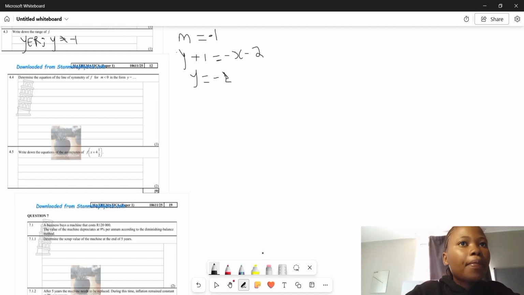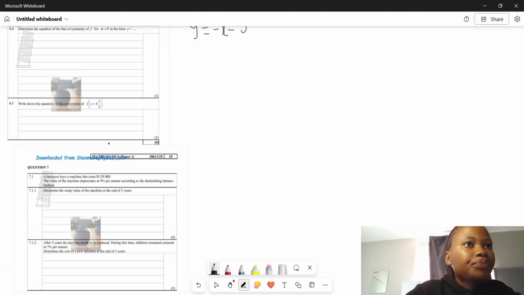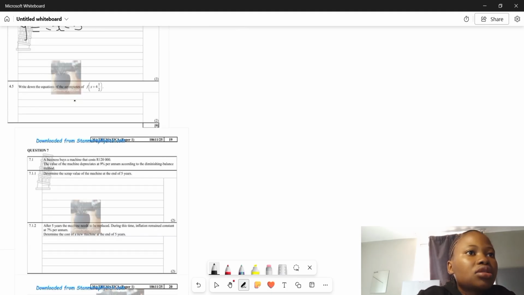Now we have the equation of the asymptote: y is equal to minus x minus 3. Right now we are speaking about the equation of the line of symmetry, which is y is equal to negative x plus 1, whereby your y is going to be negative 1.